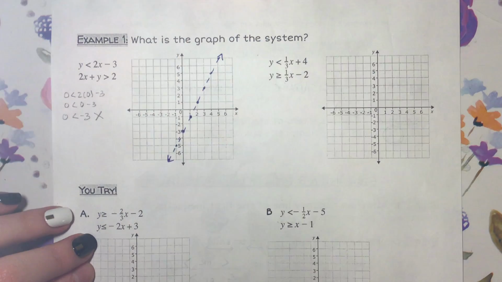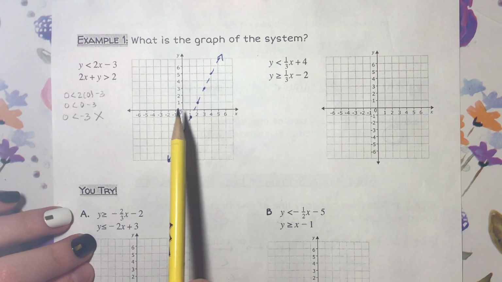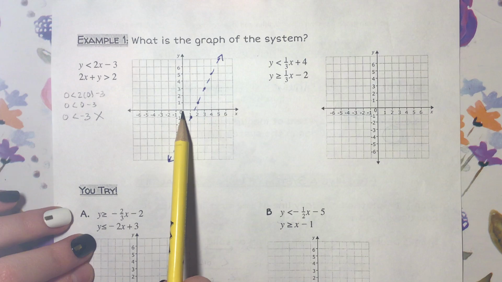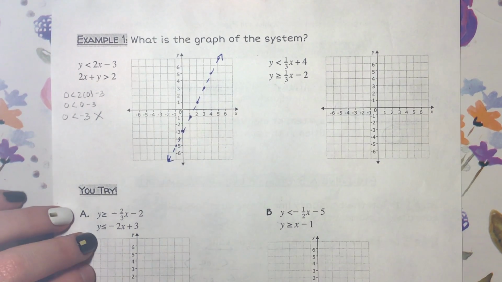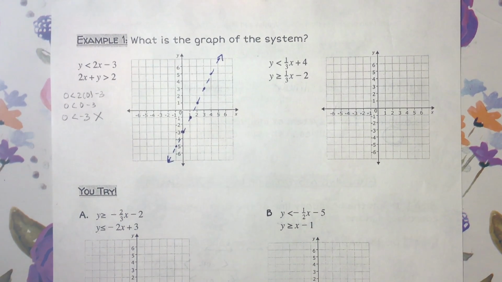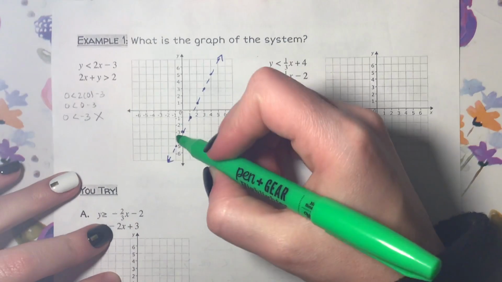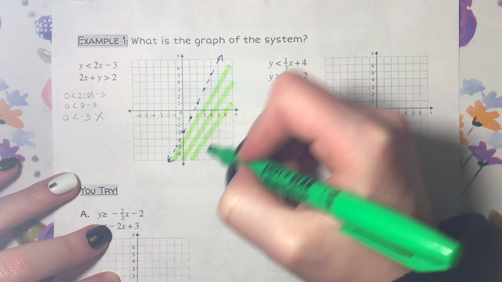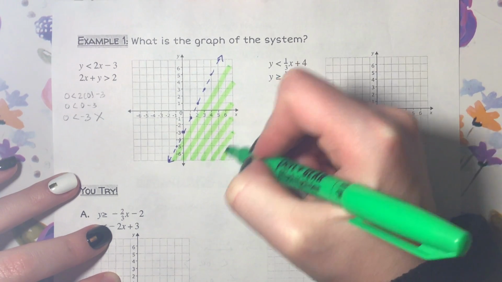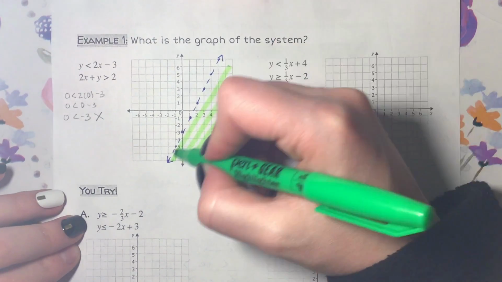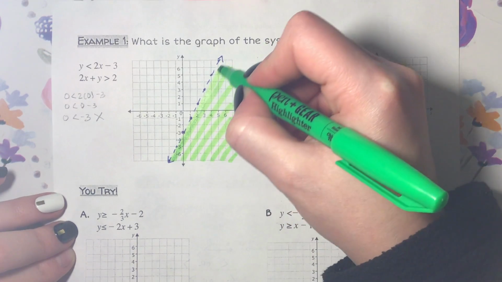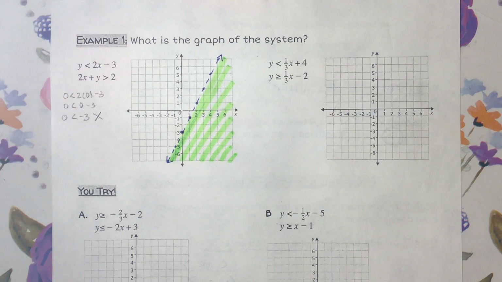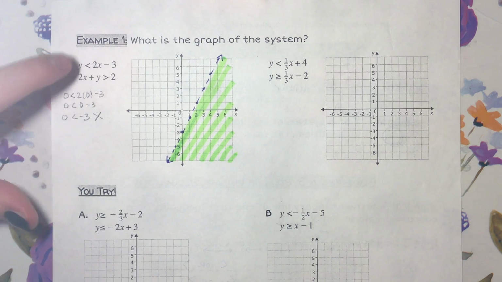That is wrong. So 0, 0 is not an answer, which means I shade everything on the opposite side of that, which is going to be down here. And I'm going to do my best to make my shading obvious so it'll be more clear where they overlap. That's the goal, at least.